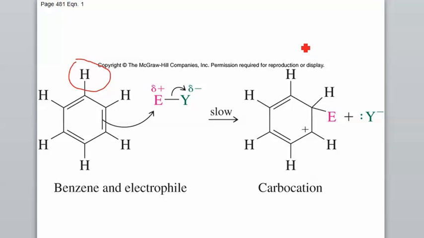If you can get this carbocation to form, then the final step of forming your ultimate product is pretty fast and easy. This is the real hurdle here. So we're going to talk a little bit about, in the next slide, some scenarios of having certain substituents already on the ring and what that means for the stability of the carbocations that you can form.